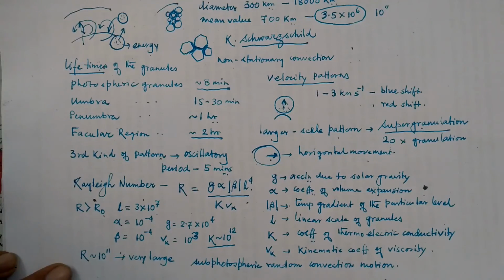And this is originated by the very high opacity in the hydrogen convection zone within the solar envelope.